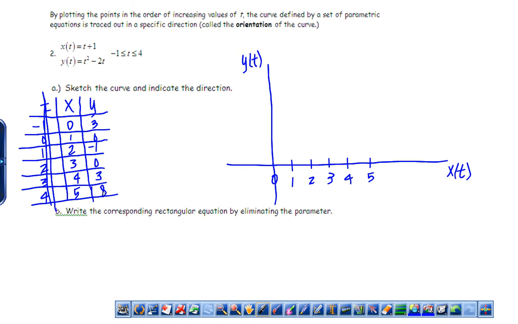You can change it if you would like to, but I'm just going to use it. So I'm doing negative 1 and just counting up by ones. Now that you have your graph set up, go ahead and plot your points. And now you can see that when you connect these, you get a graph that kind of looks like a parabola or half of a parabola.